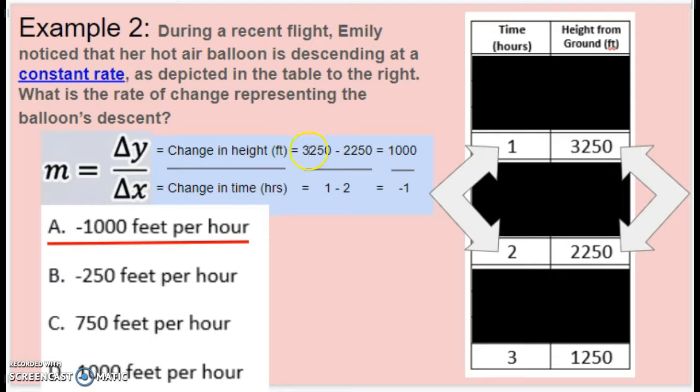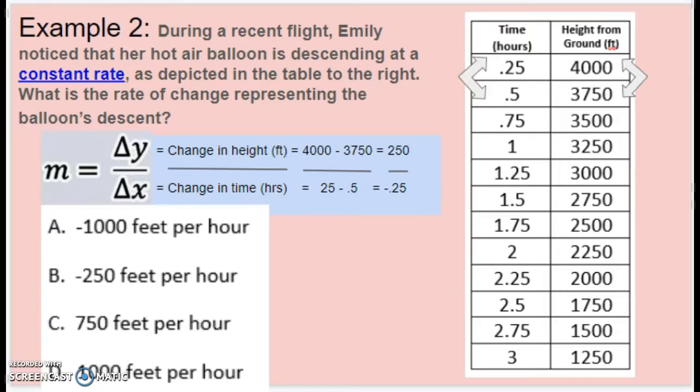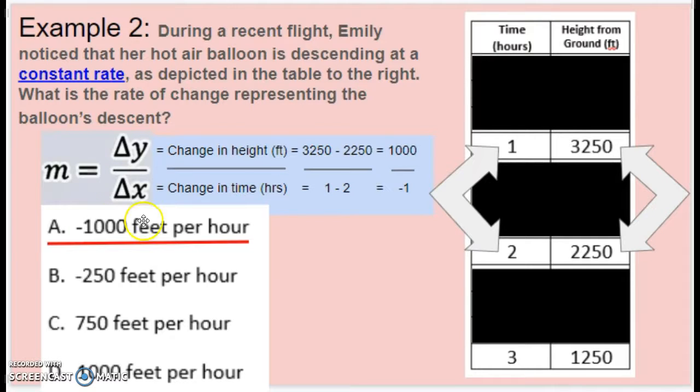So that's going to be my change in y, or my change in height. Notice it goes on the top of my fraction. And in the same order, I'm going to subtract my x's, or time. So I'm going to say 1 minus 2. It's very important that you go in the same order. And if you notice, a positive divided by a negative is going to be a negative. And we get our answer.